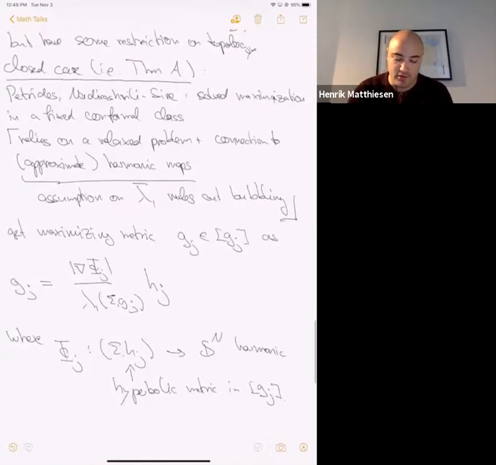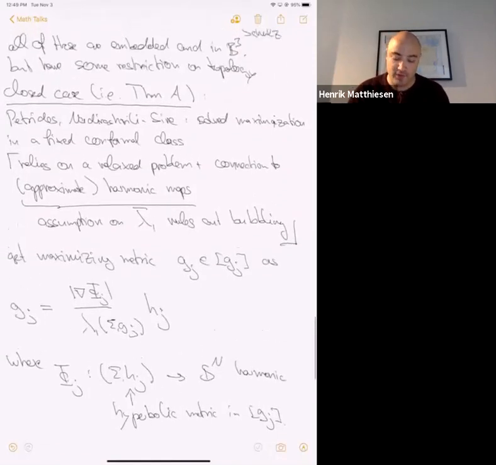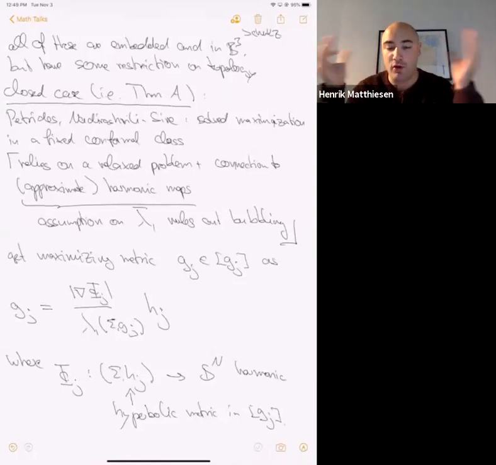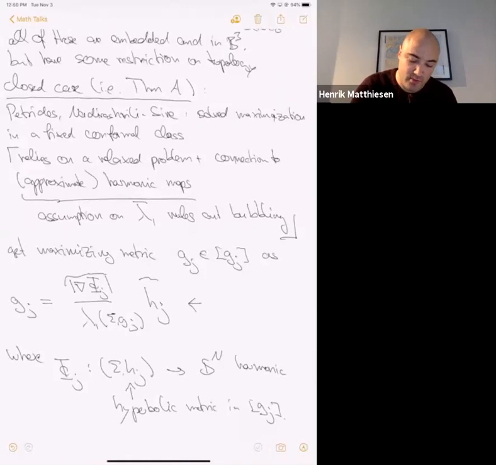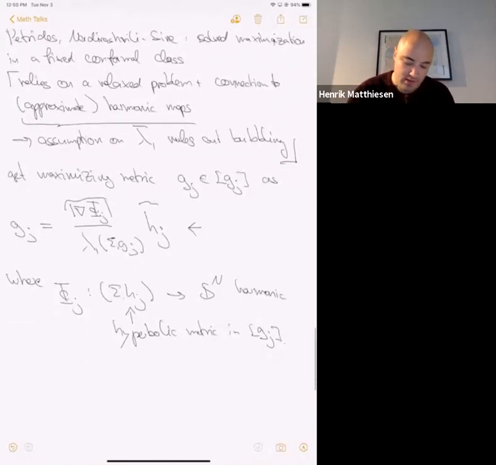And so if you, for the problem among all the metrics, pick your maximizing sequence of that type, then you have broken up into these two parts, namely you have this harmonic map part here, and you have this moduli space part here. Now the thing is that this remark still applies. So in the harmonic direction, you don't have a big problem, because you don't have a problem with bubbling.